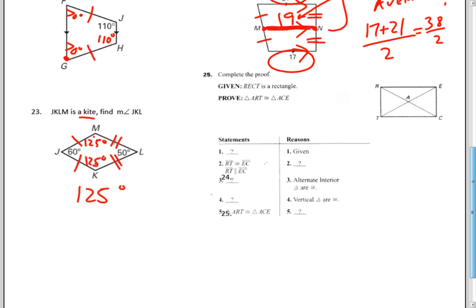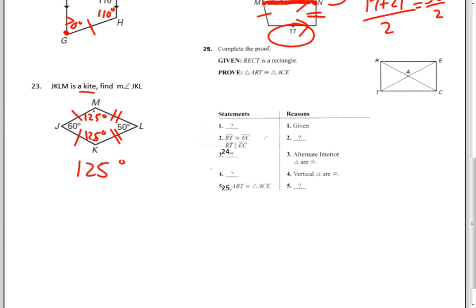It's hard to see what's going on in this proof down here. We're trying to prove that two triangles are congruent. Darken those triangles in. ART is this one, and ACE is this one.